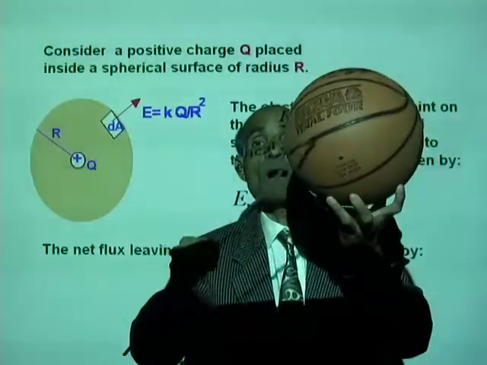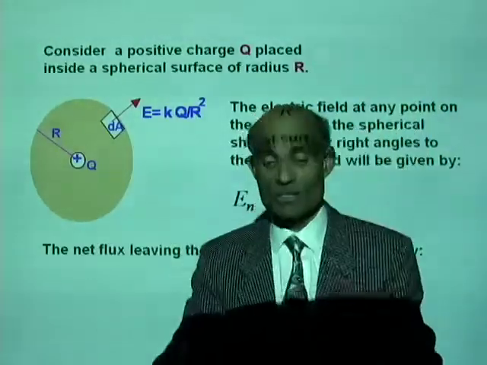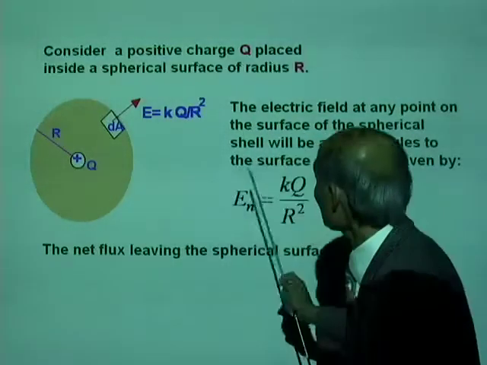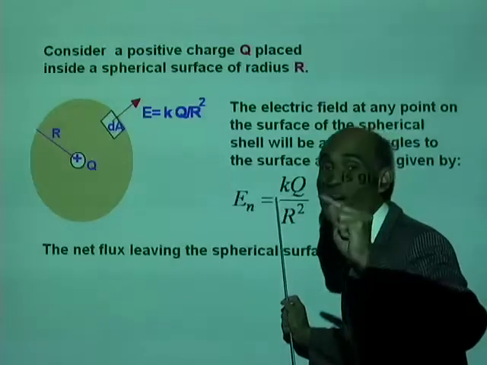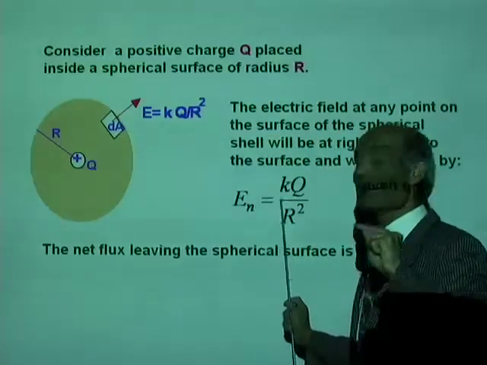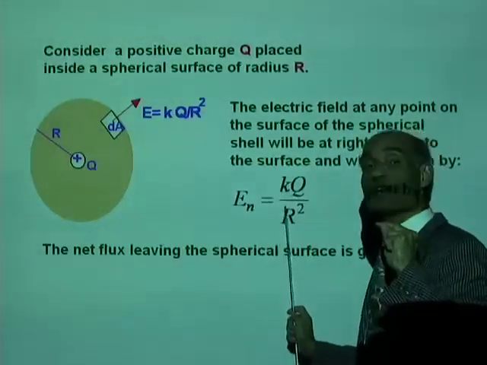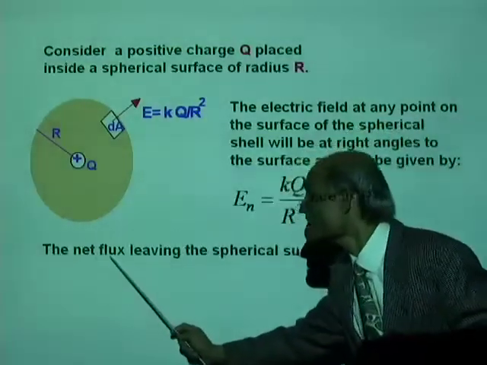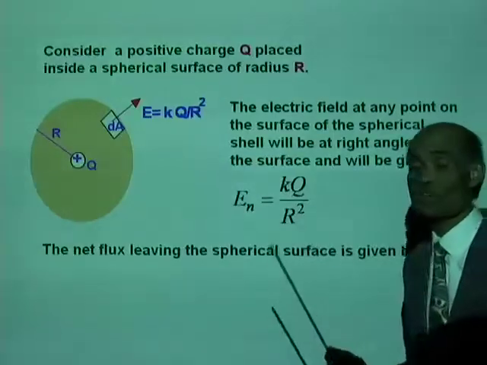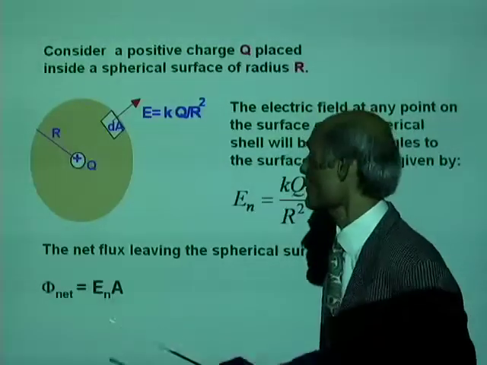It is 4 pi r squared. Remember, electric field is flux per unit area. If you multiply the electric field with the surface area, that will give you the net flux leaving the spherical surface. Let's write that down.